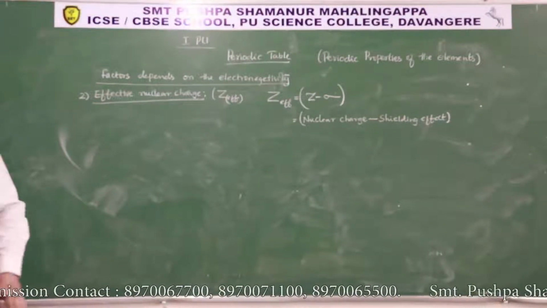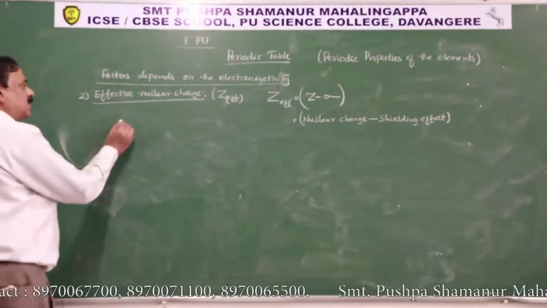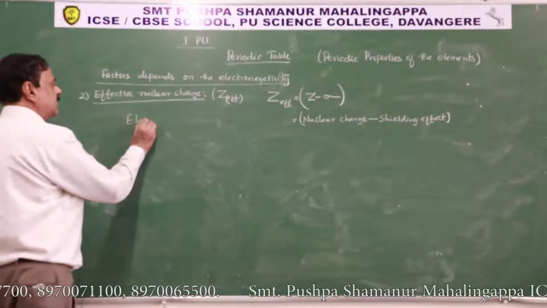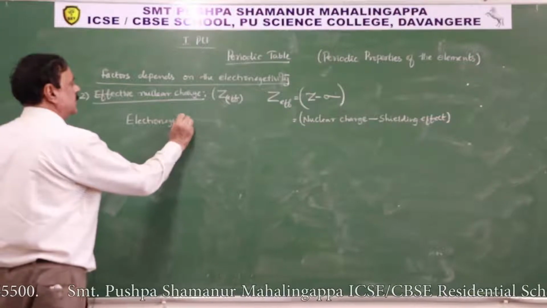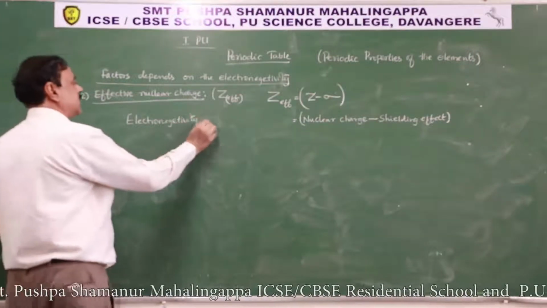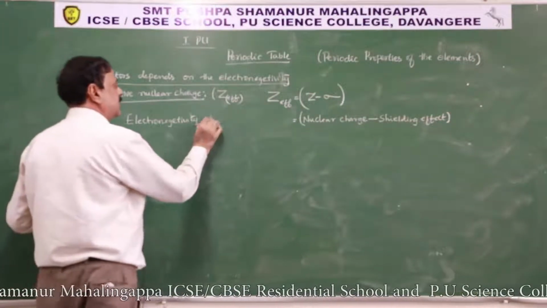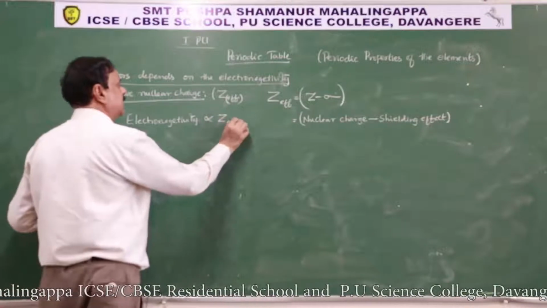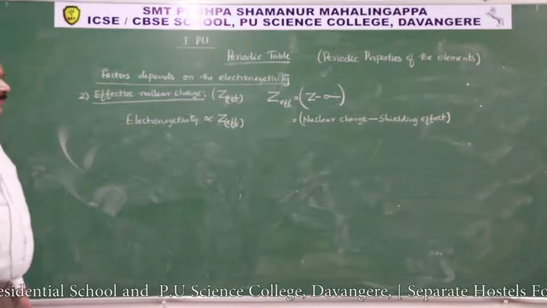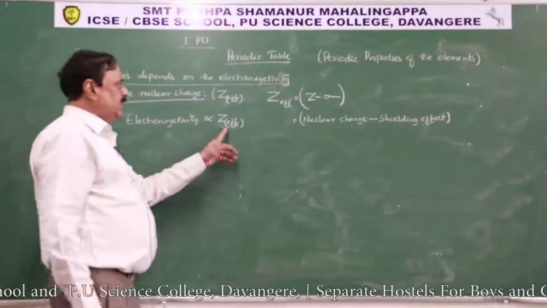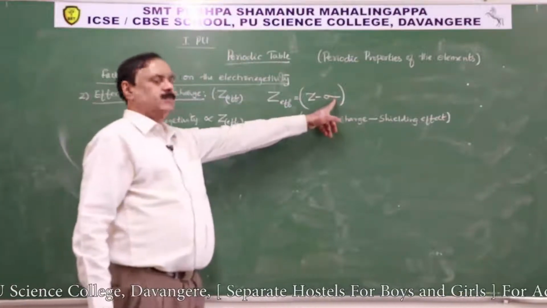Therefore, electronegativity is directly proportional to Z effective. The higher the value of Z effective, the higher is the electronegativity. When is this value higher?